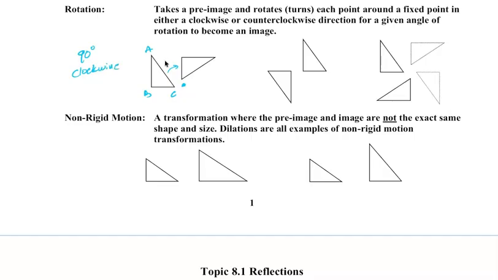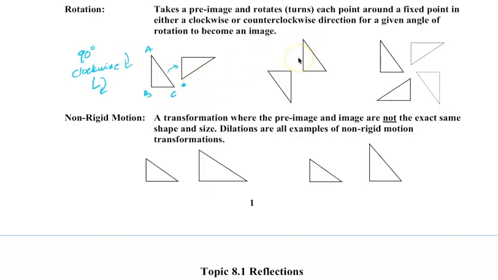Clockwise means it moves like a clock. If you think about a clock, clockwise goes this way. So it's a 90-degree turn clockwise. You can also go backwards this way, and that would be counterclockwise. This would be 270 counterclockwise. It's the same thing.